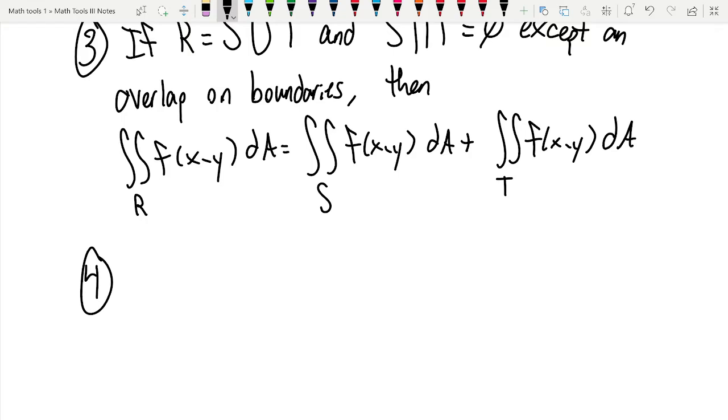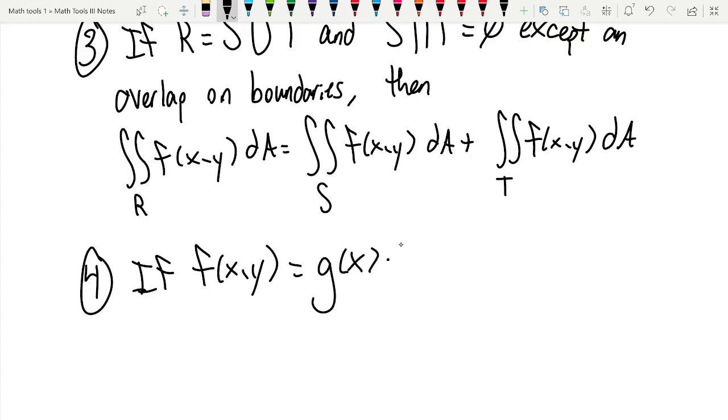The one that I think is pretty important is that if f(x,y) is equal to g(x) times h(y). So this is an interesting one.